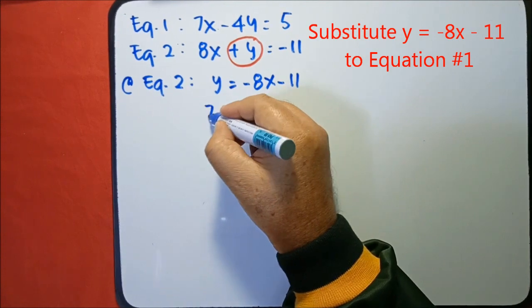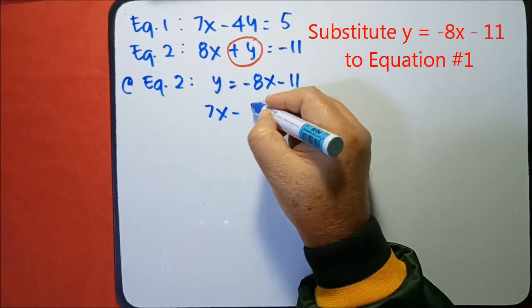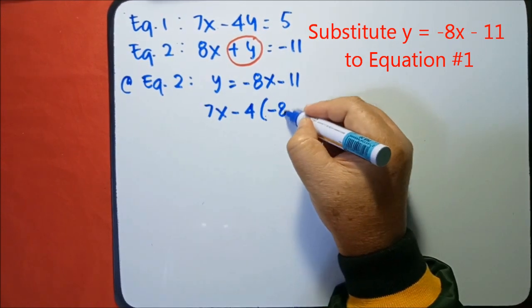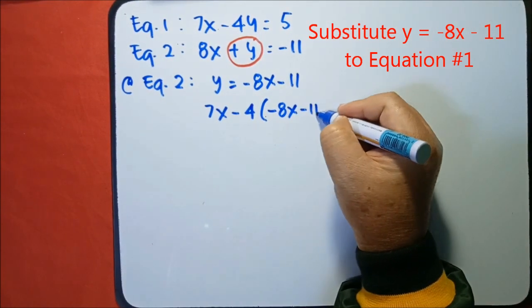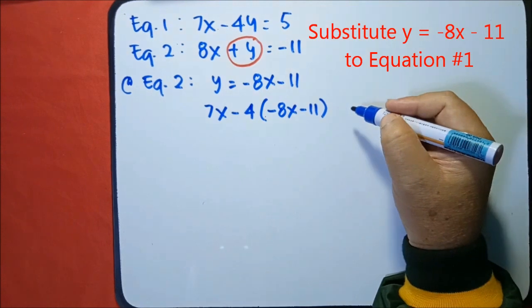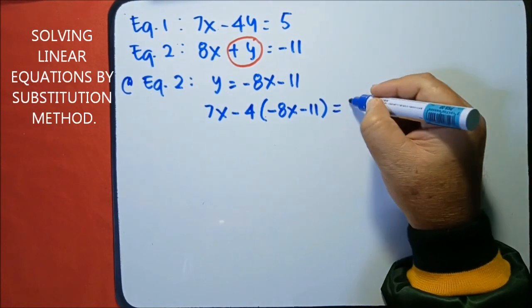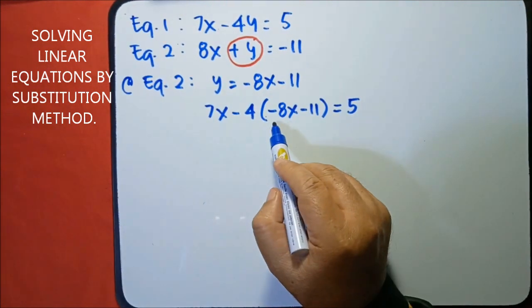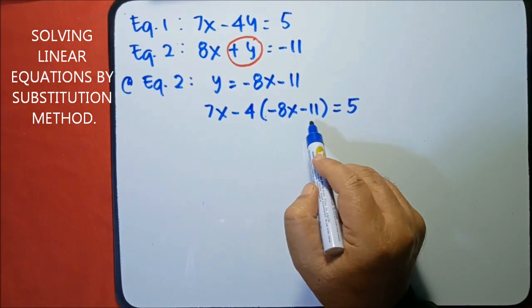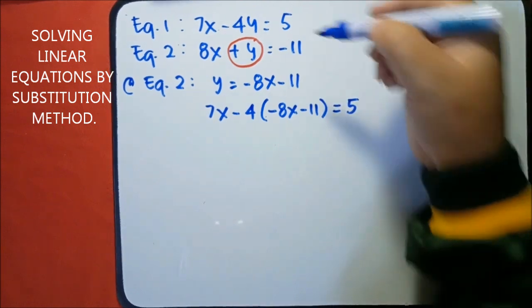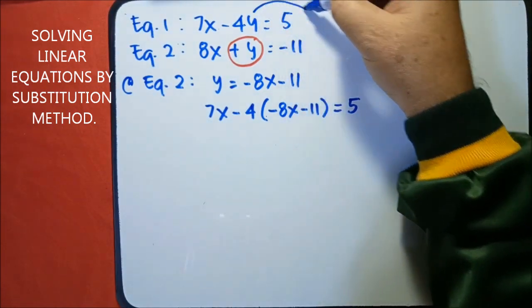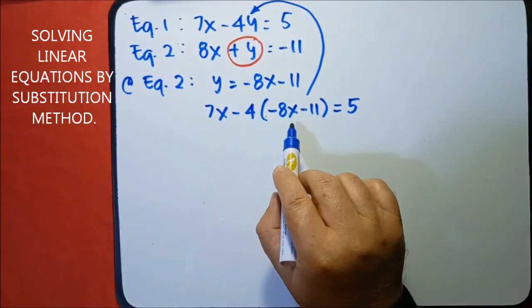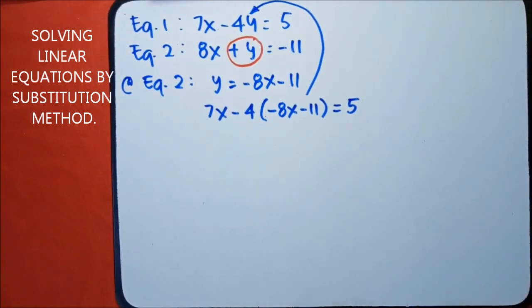So, 7x minus 4 times your y, negative 8x minus 11, is equal to 5. So, this is your y. This is what you substituted.